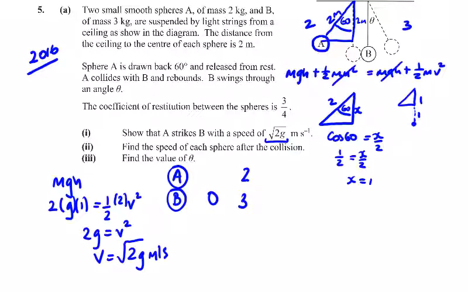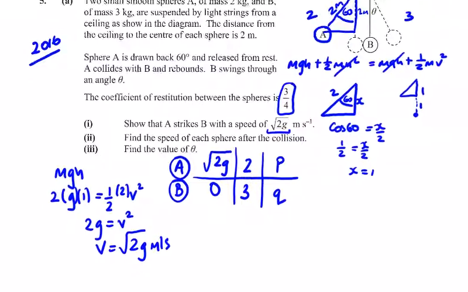The speed of A at impact is the square root of 2g. And then we have the 2 unknowns after, P and Q. And we have the coefficient of restitution, so we have enough information here to solve.